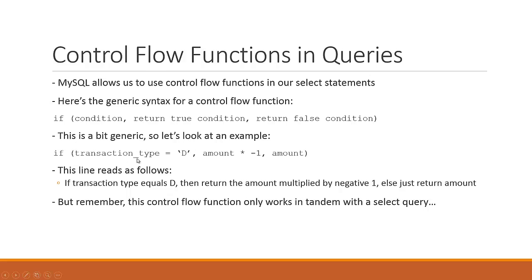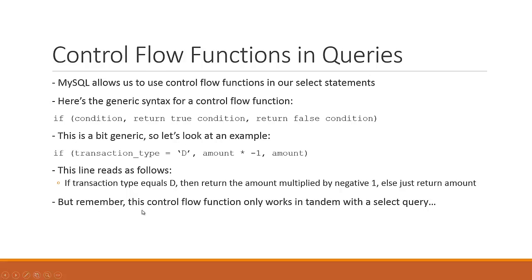Again, only if the transaction type is D will it flip the amount to be negative. However, if the transaction type is not D, if this evaluates to false, then it just returns the amount and leaves it alone. Nothing is changed. So this line reads as follows: if transaction type equals D, then return the amount multiplied by -1. Otherwise, just return the amount. But, big but here.